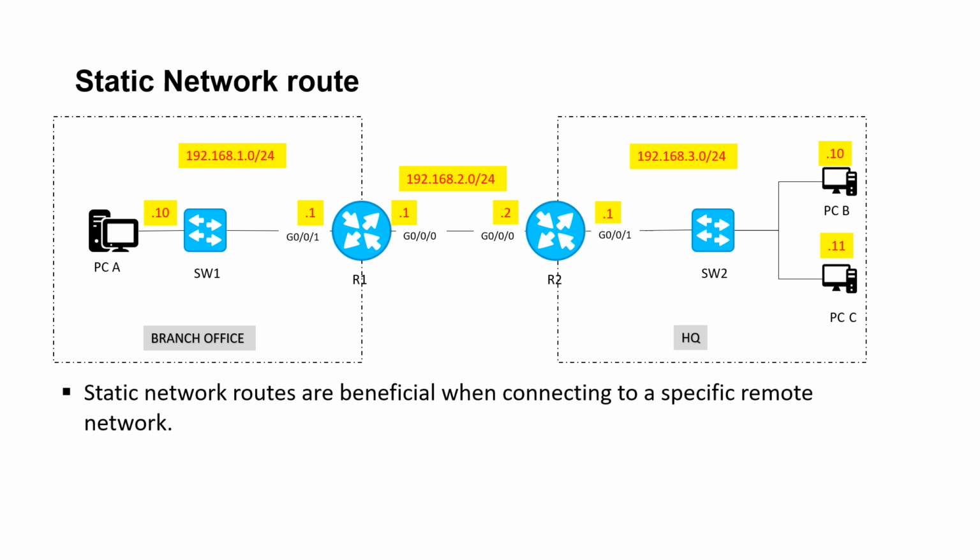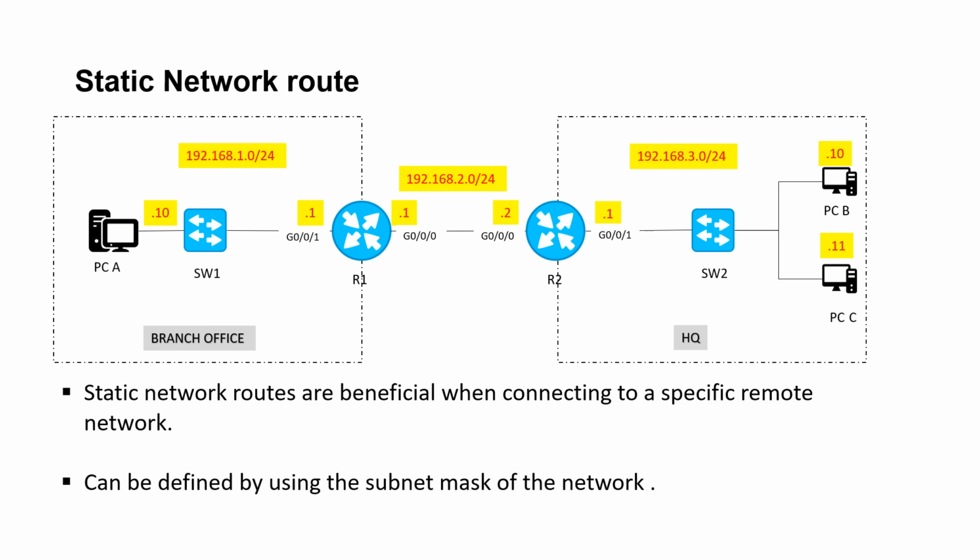So for the branch office the gateway is R1, and if I want to reach the services, I will create a static route by defining the subnet mask of the destination network.